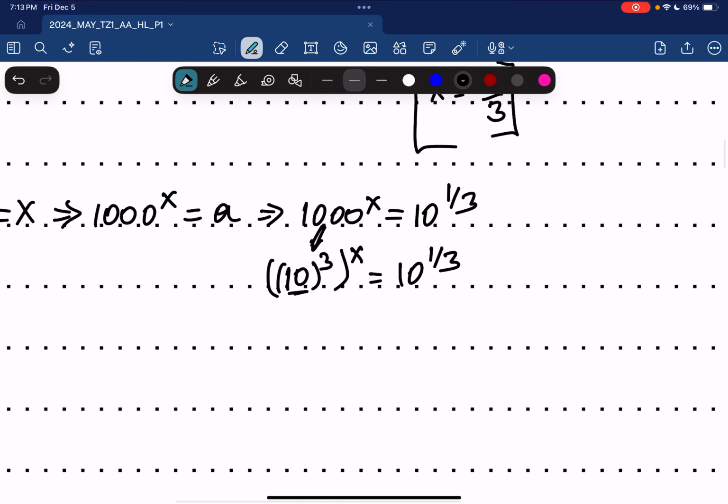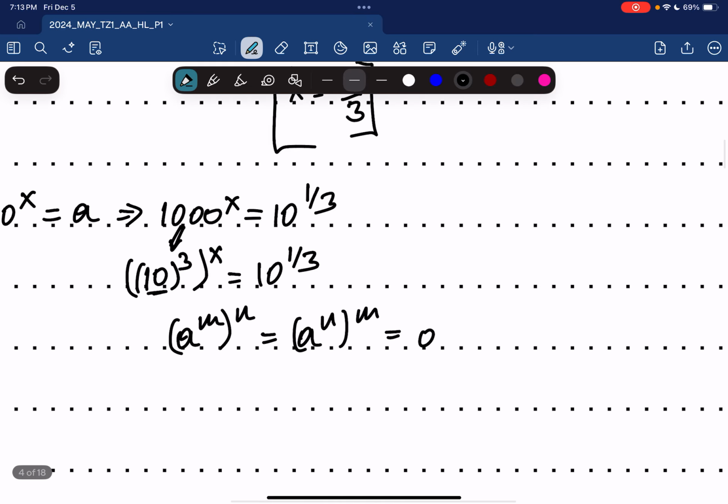The exponent rules say that if I have a power, something like a to the m to the n, this is the same as a to the n to the m, which is the same as a to the m times n. So a to the power of m to the n, that's what you get.